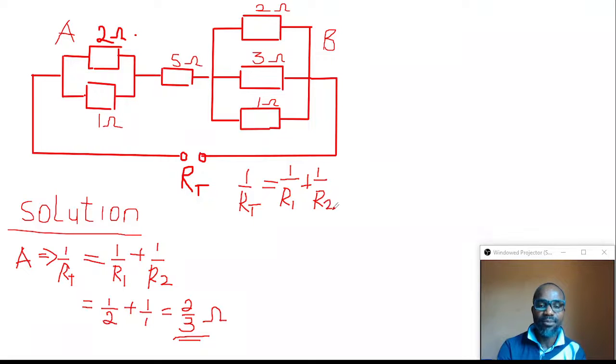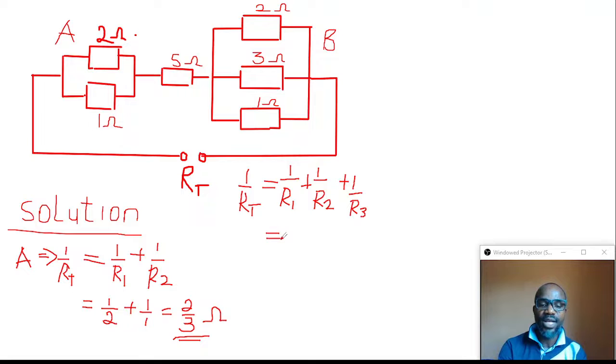I'm just trying to manage the space and make things as clear as possible. That's going to be plus, once again, 1 all over R3 for the third resistor in that circuit. We have stated the formula.